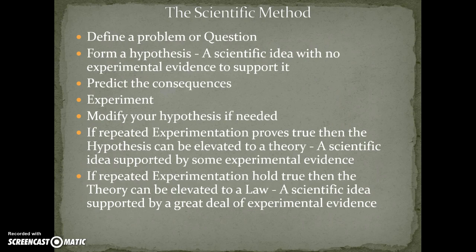And so a law can actually be proven to be wrong. It is not scientific fact just because it is a law. It can be proven to be incorrect. Now, usually once it gets there, there is a lot of evidence. You can't ignore the evidence that has proven it to be true.